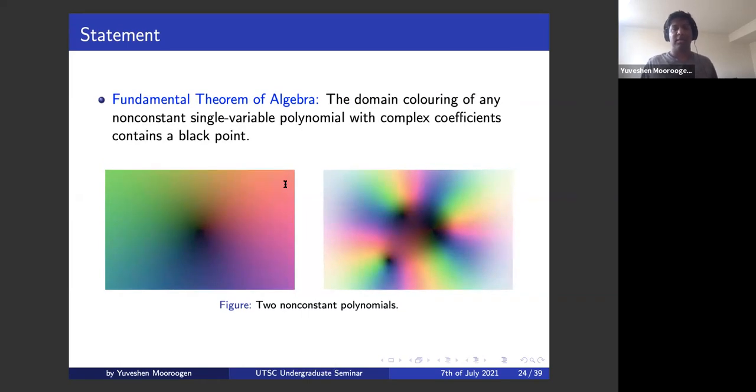In my language, that means that the domain coloring of any non-constant single variable polynomial with complex coefficients has to contain some black point somewhere.